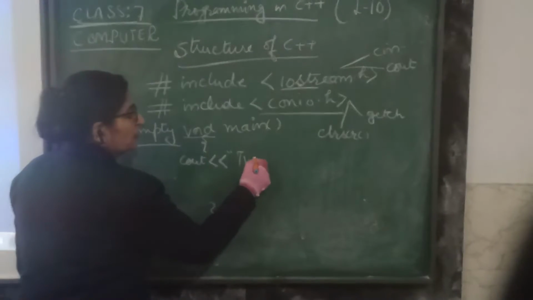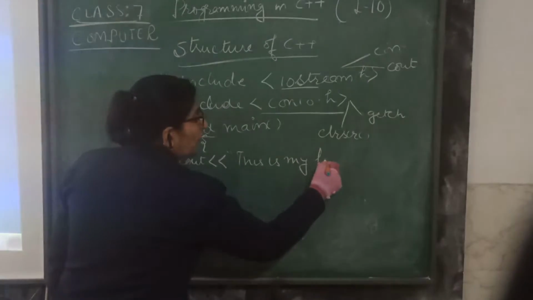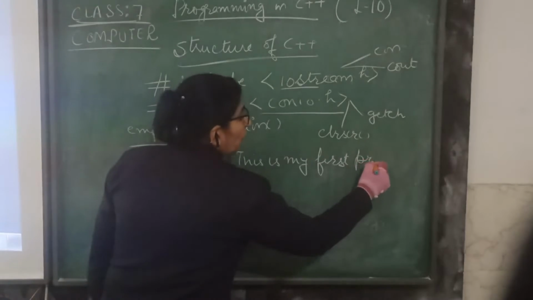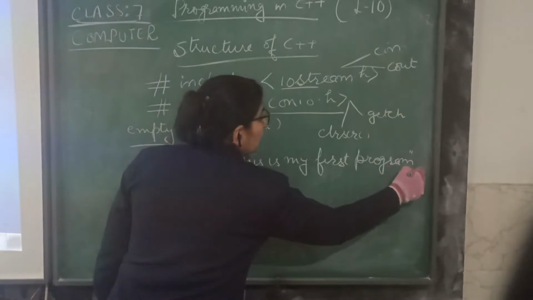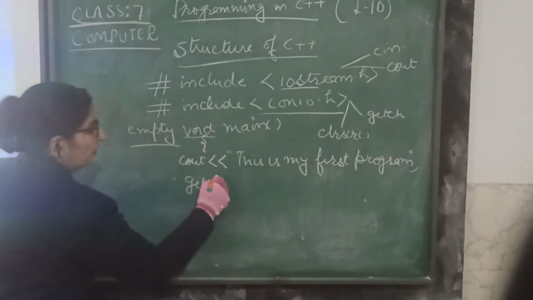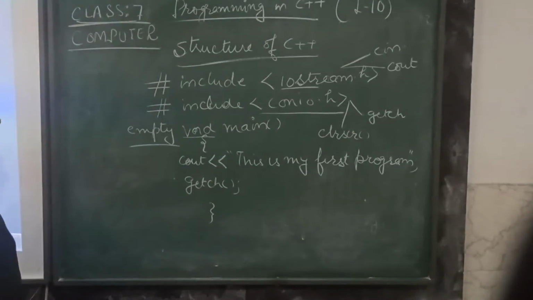Cout, this is my first program. Okay. After writing this, put semicolon. Now, for the statement which is required here, it is get ch and curly bracket close.